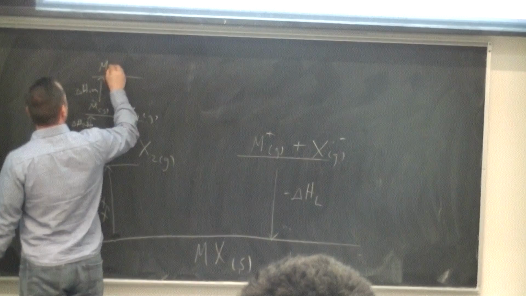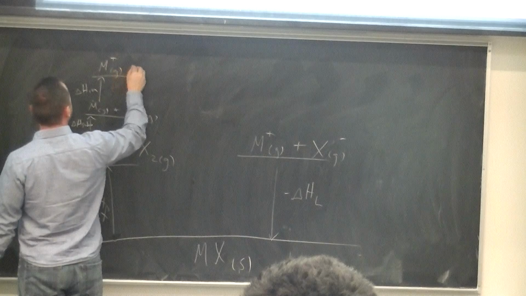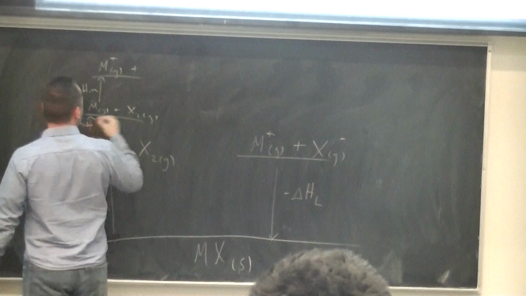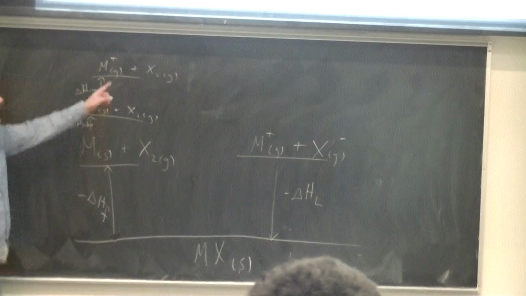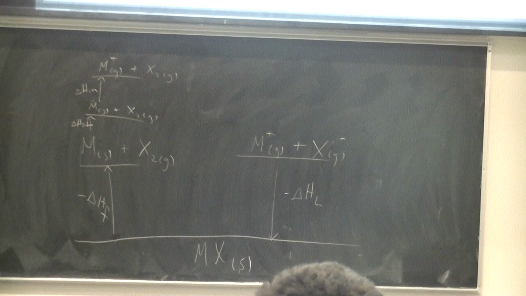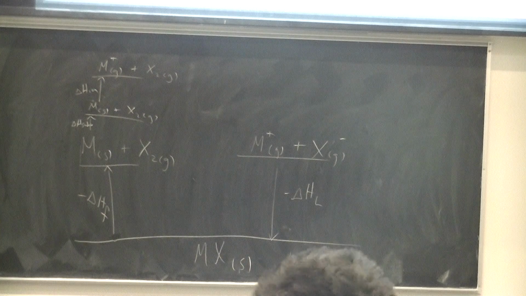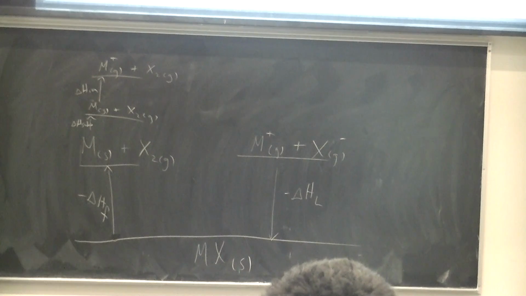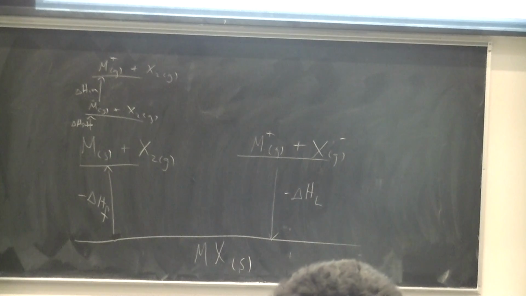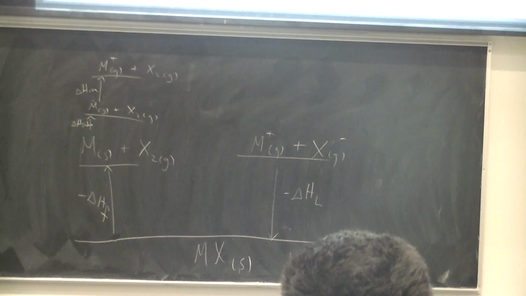And now our M is in the gas phase and is ionized. The only problem that we have is that our X2 is in the diatomic form. So what do I need to do there? How do I break that form? Well, we call it dissociation energy, right? That's dissociation enthalpy.